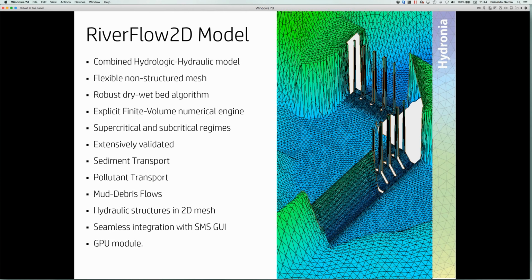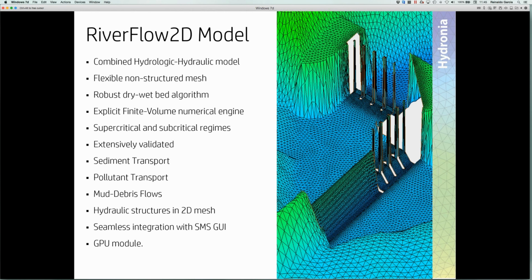It's compatible with most of the features that are available in SMS. Very importantly, the model has been parallelized in GPU hardware. In practical terms, it means that it can run, according to our tests, up to 150 times faster than our own model running in non-parallelized mode.